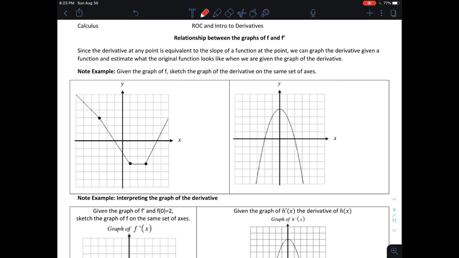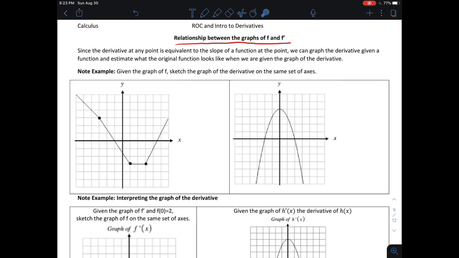Okay, so now we know how to find the equation, the derivative. Now let's make a big connection between the graph of a function and its derivative. Remember that the derivative is equal to the slope of a function at the point.